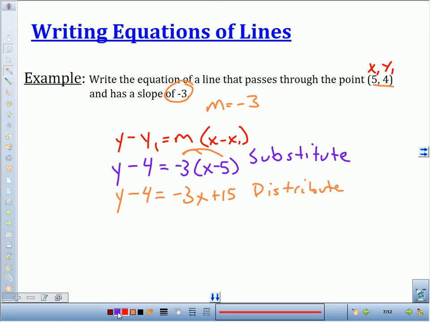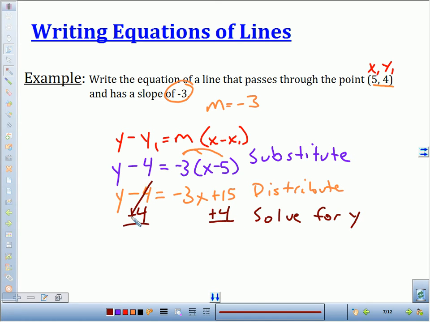Last step, the last thing that I want to do here is to solve for y. I need this y to be alone. My goal is to get this into y equals mx plus b form. That means y has to be by itself, so I need to add 4 to solve for y.